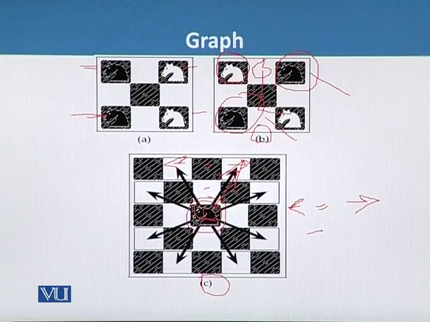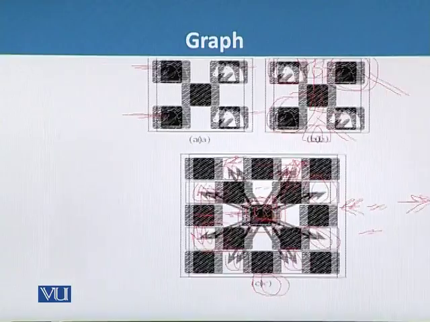And if the horse moves in the left direction 1 and 2, then again it has to move on either this side or this side to complete the move. So these arrows indicate that this black horse can end up in any of these white blocks of this chessboard.